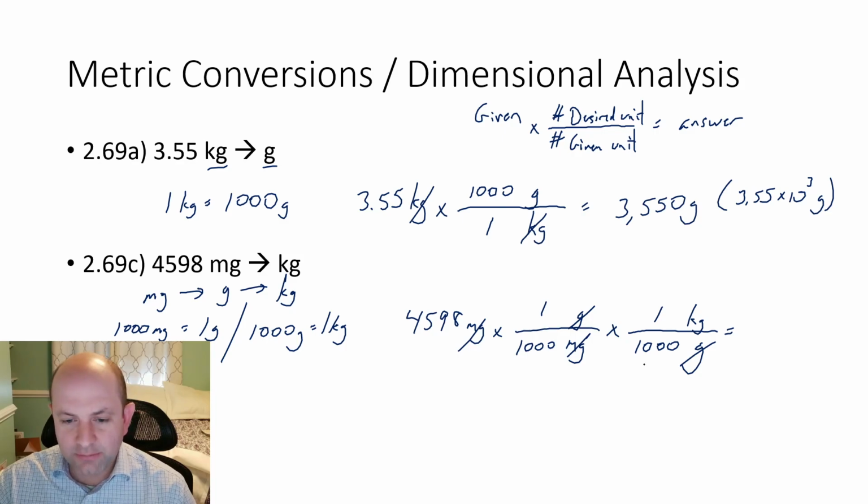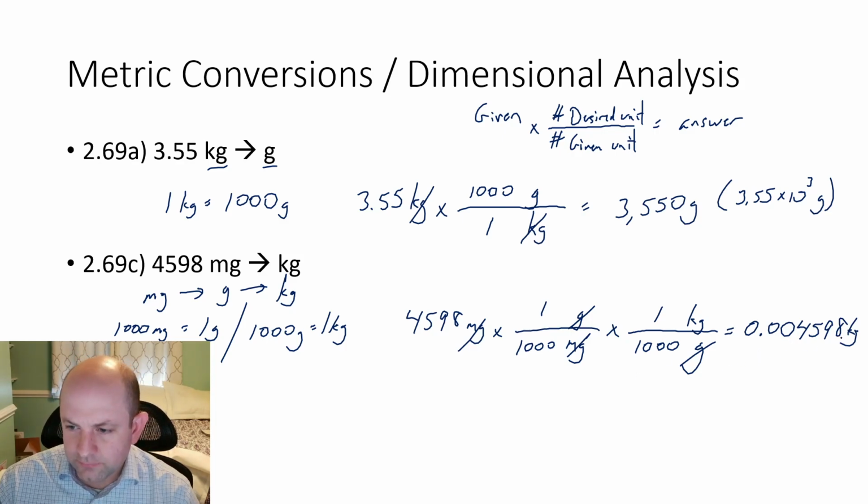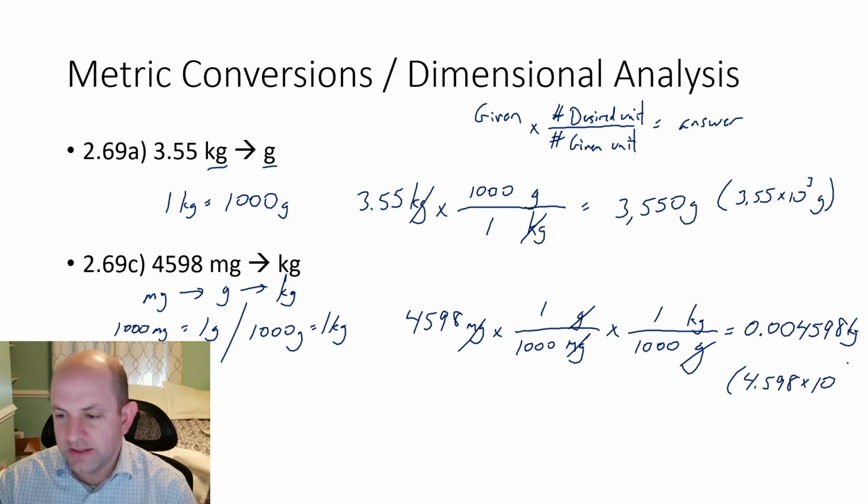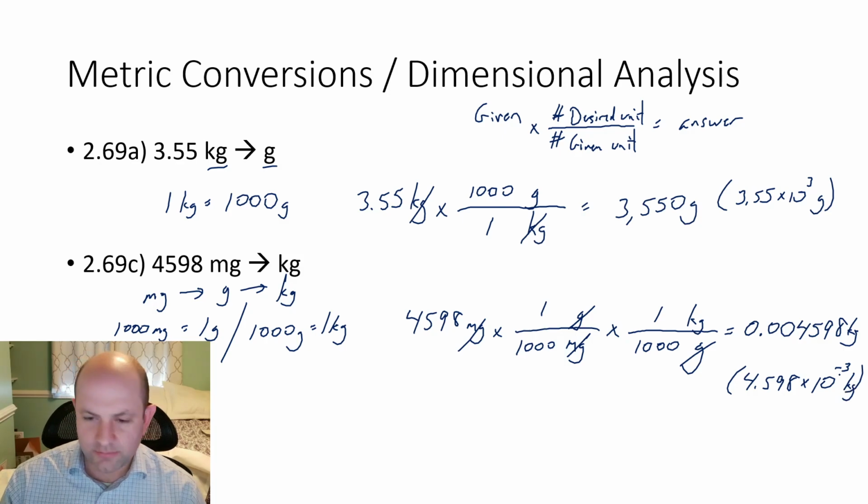And then we divide by 1,000 the second time. And that would equal 0.004598 kilograms. Yep, that's right. Or if you want to do scientific, 4.598 times 10, in this case 1, 2, 3 spots, 10 to the negative third kilograms.